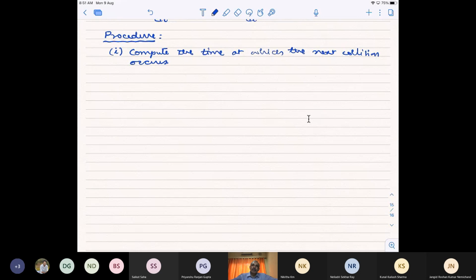So, all the particles are moving. So now we have to look at every pair of particles and see what is the time of collision for those two particles.